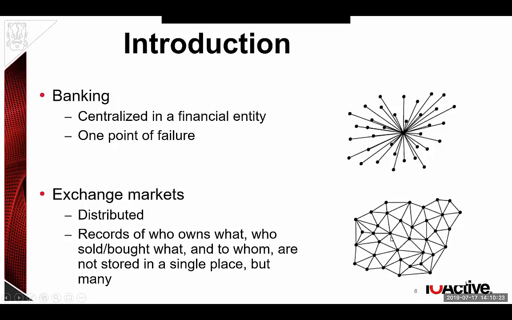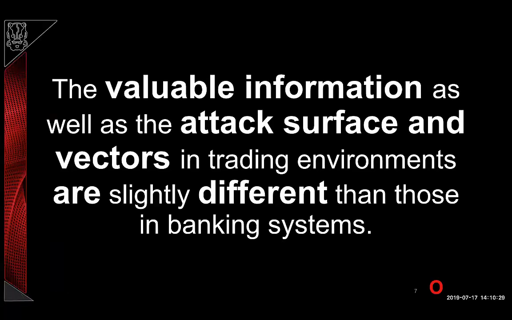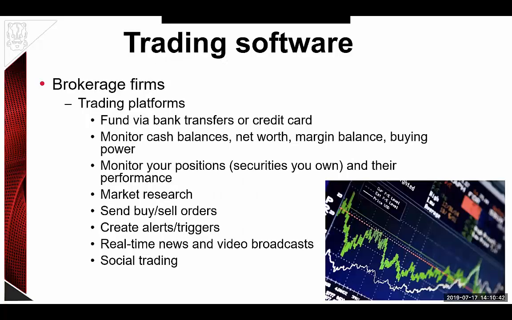We have ledgers everywhere, records, logs, etc. That said, the valuable information as well as the attack surface and the attack vectors are slightly different in trading or distributed environments than in banking entities.